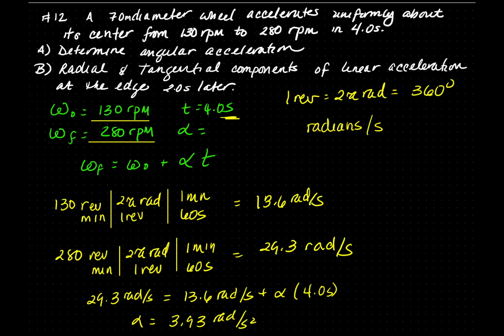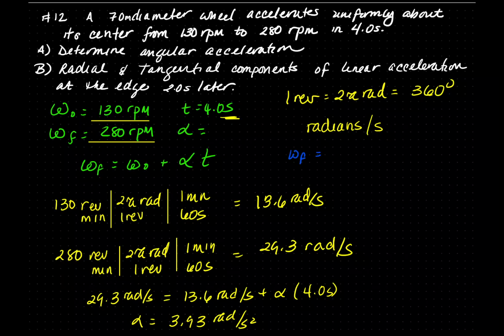So in part 2, we're finding the radial and tangential components of the linear acceleration at the edge 2 seconds later. In order to do that, it depends on omega. So what we need to do is find the final omega at 2 seconds. Using the same equation, omega final equals omega initial plus alpha t, we're going to look for omega final.